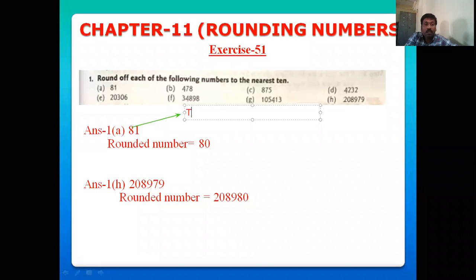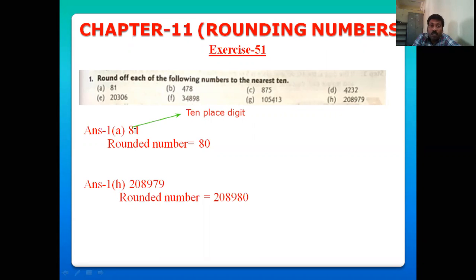After that, we will see the next number to the right side of this tens place. Here it is 1.